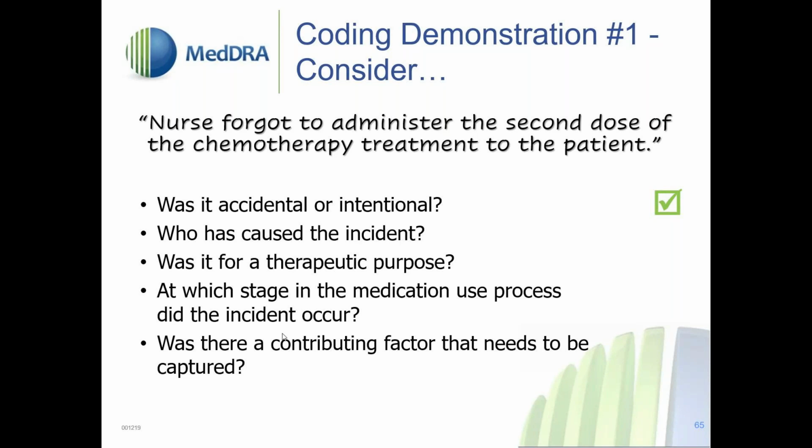The nurse forgot. Do we know who caused it? Yes, an HCP, a nurse. And was it in the framework of therapeutic use of the product? Yes, it was. We also know the stage where the error occurred, but there is no information about a contributing factor. So this was not provided.